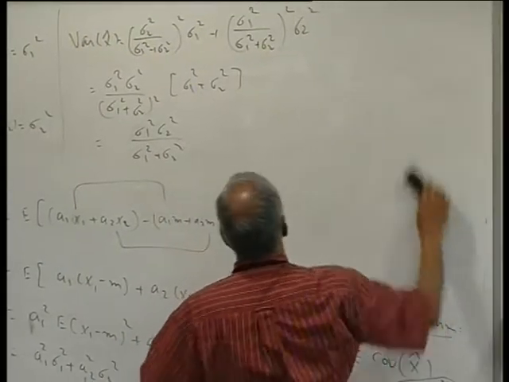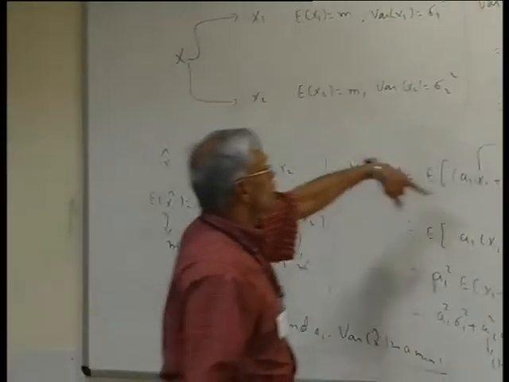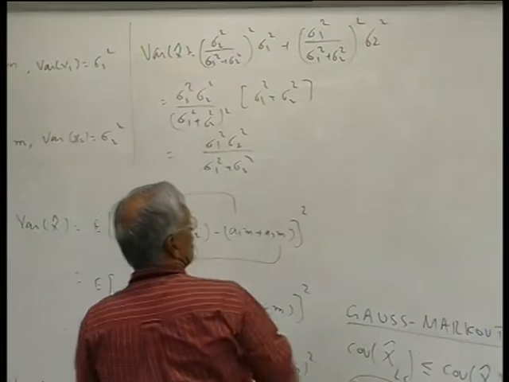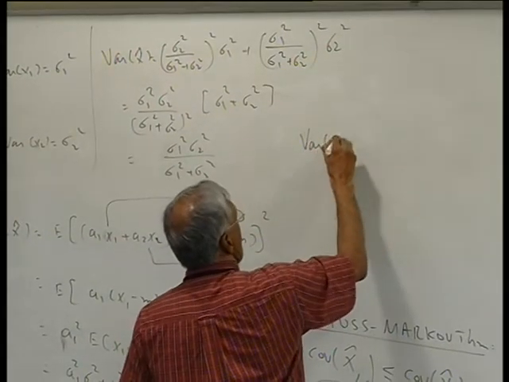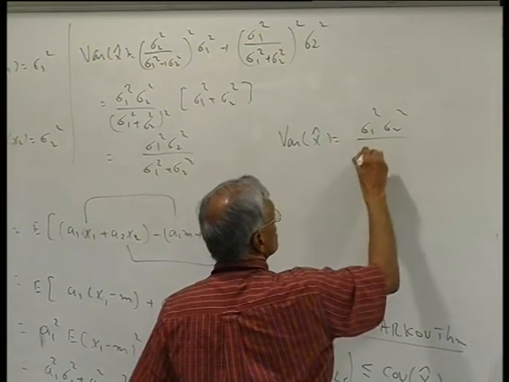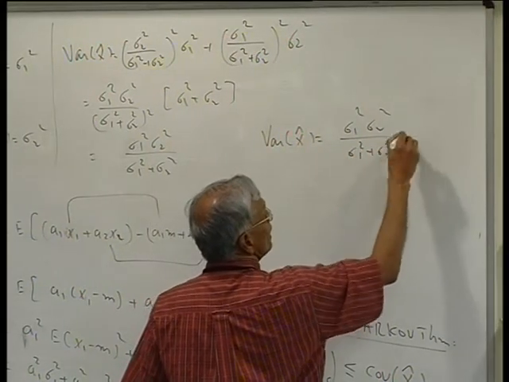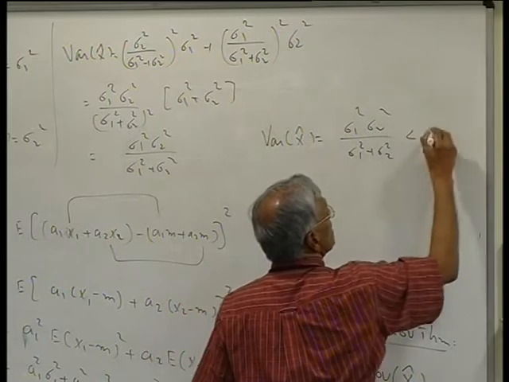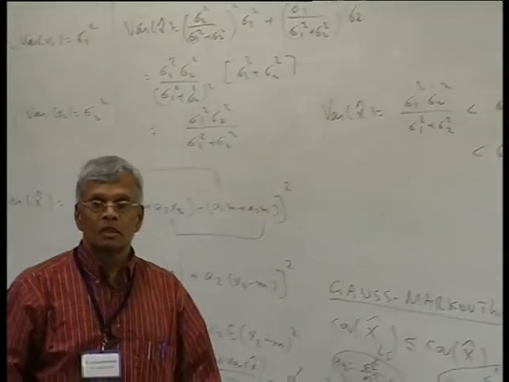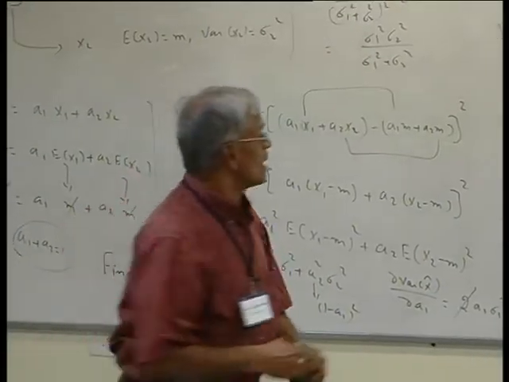So in other words, I know the mean of my estimate, it is m. I also know the variance of this, and what's one more? The variance of x hat is equal to sigma 1 squared sigma 2 squared over sigma 1 squared plus sigma 2 squared, which is less than sigma 1 squared, and is also less than sigma 2 squared. It's very simple algebra to check. So what does this mean?